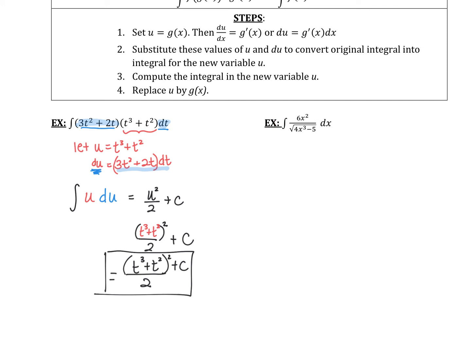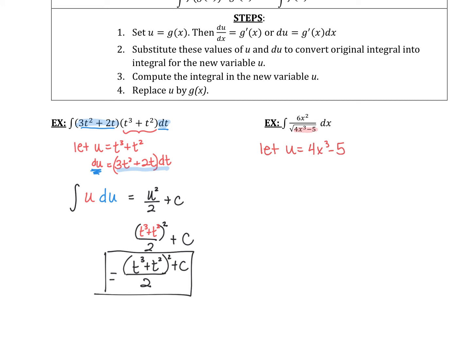Hopefully what you notice is that the part that would give me the chain is this 4x cubed minus 5. Since that's the part that would give me my chain, I am going to let u equal just the 4x cubed minus 5. The square root is not part of the chain. It's because there's a function inside the square root that we have a chain.